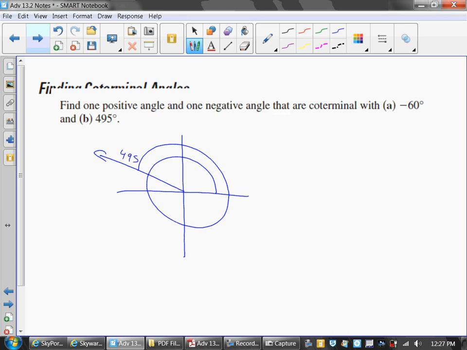To figure out the negative value, if I subtract 360 from that, I'm only at 135. See how I'm not negative yet? I've got to subtract another 360 degrees to find the negative coterminal angle. Since this looped around more than once, I've got to unwind it to find the negative. So you don't draw it more than once, you just subtract more than once. Yeah.